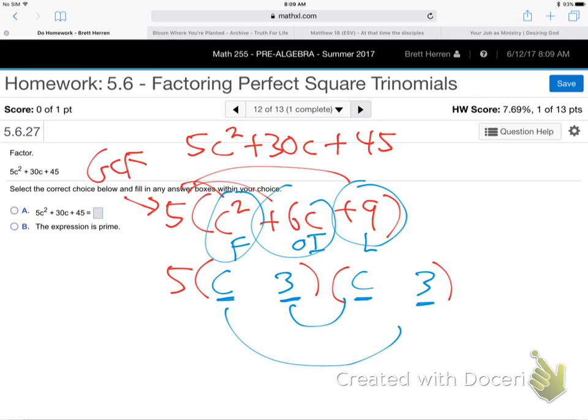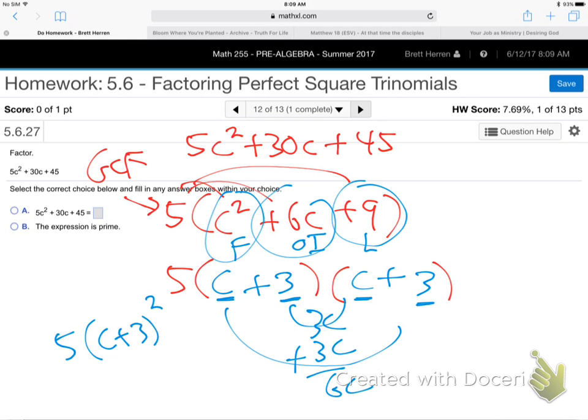Well, the 2 inner, 2 outer, 3c and 3c add up to be 6c, both plus. Yeah, that's right. So the final answer, 5 times c plus 3 squared. 2 of them. All is well? Easy enough. One more of these, and then we're ready for the hard ones.